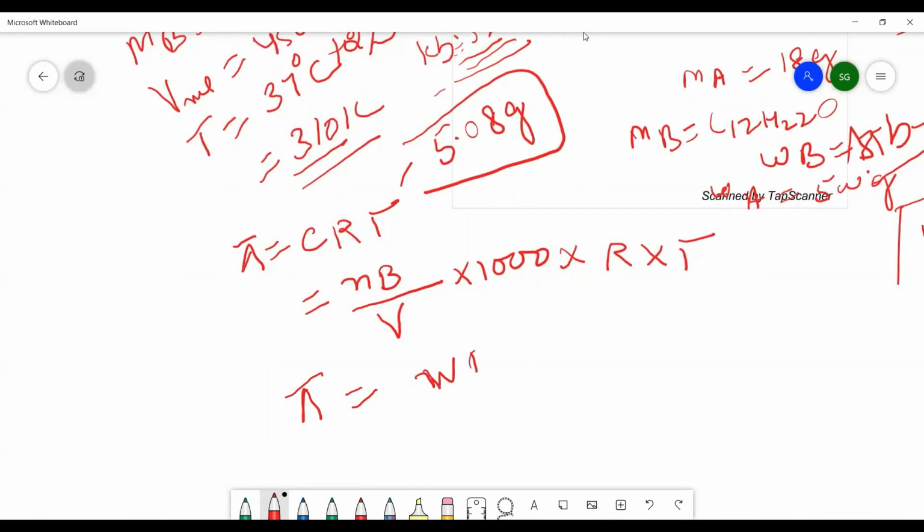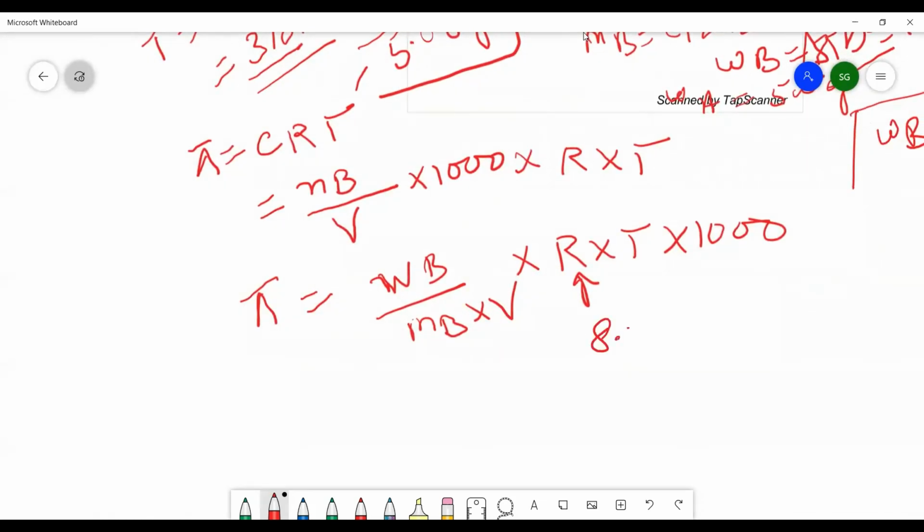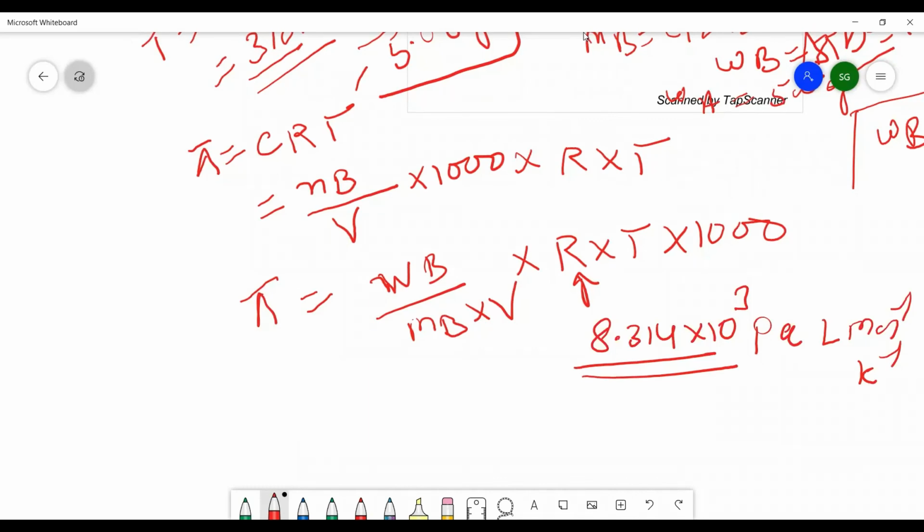So, that will be WB upon MB into volume into R into T into 1000. So, R here you have to take 8.314 into 10 to the power 3 in Pascal liter per mole per Kelvin. That will be the value of R जो आपको एग्जाम में दी होगी.